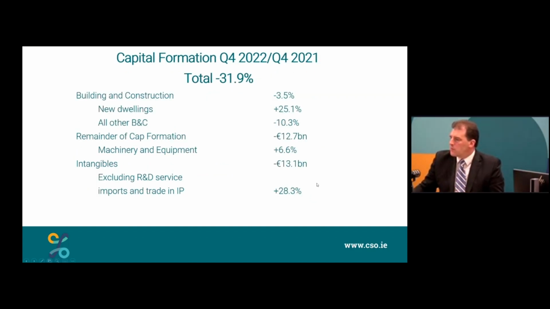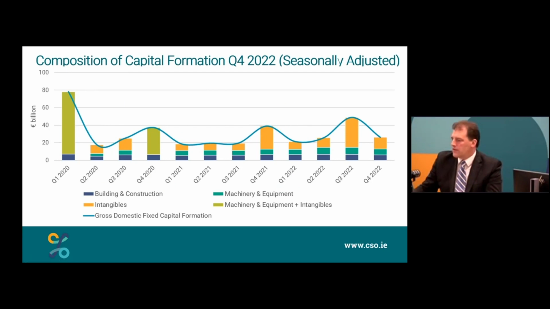We can show you a little bit more detail when it's year on year, so this quarter on the same quarter last year, with seasonal adjustment. The one thing I'd pick out of that is the divergent pattern on the dwellings data. Dwellings are up quite strongly, while the other building and construction is down year on year. And again, over time, a cautionary note around IP and how we look at the investment data.